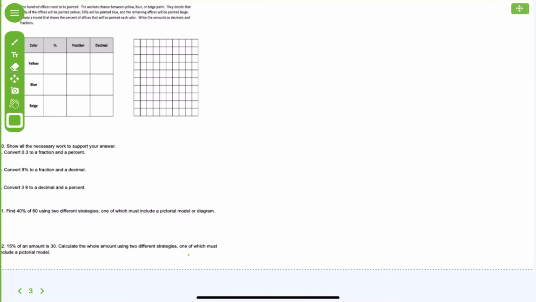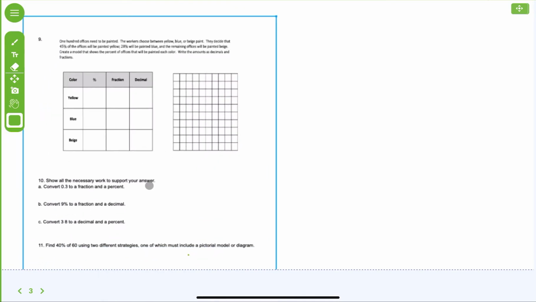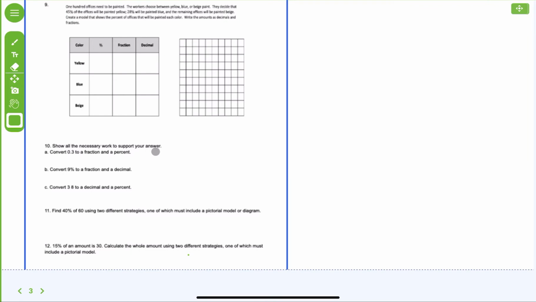I'm going to have to move this one over again. Now, this one says, here, 100 offices need to be painted.